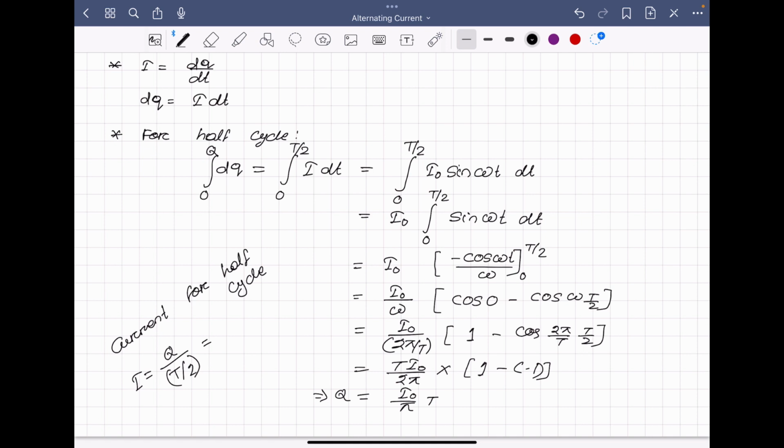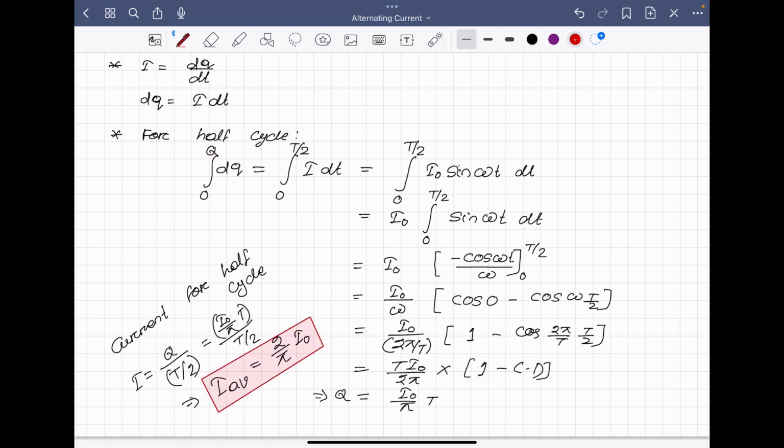This becomes I naught by pi into T upon T by 2. This becomes I, or in place we can write I average. I average is equal to 2 by pi I naught. Just remember this one, 2 by pi I naught.